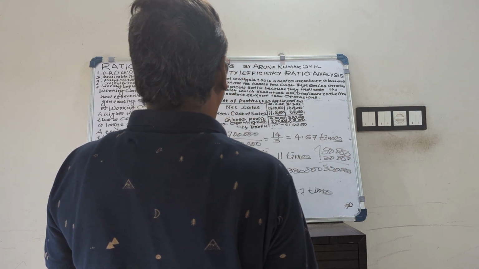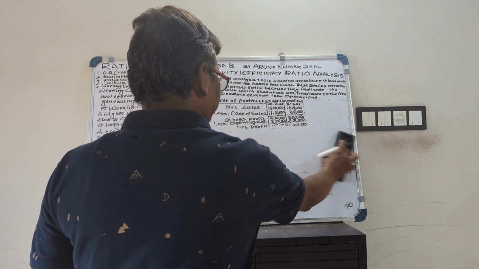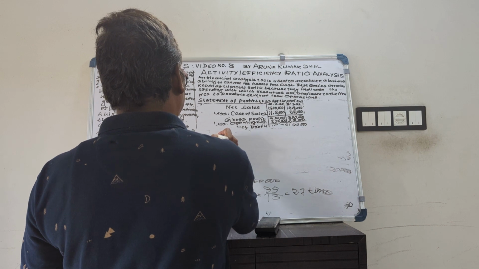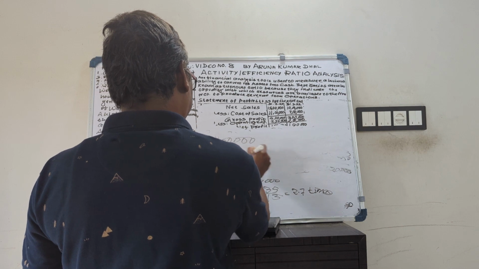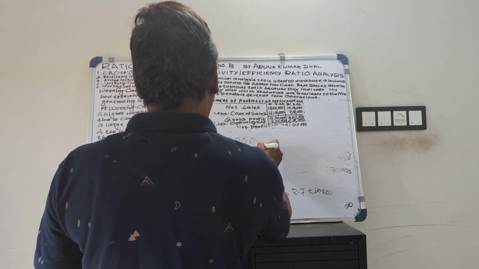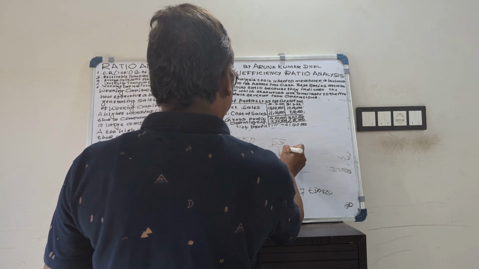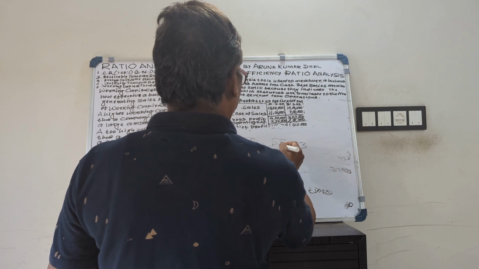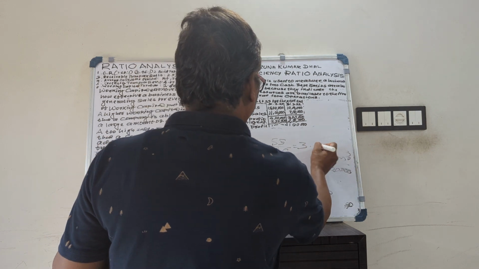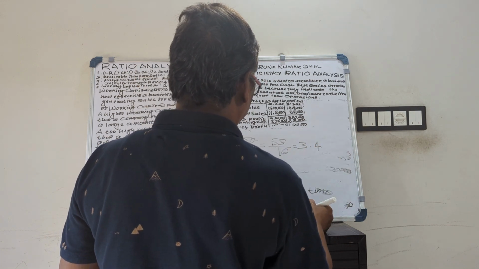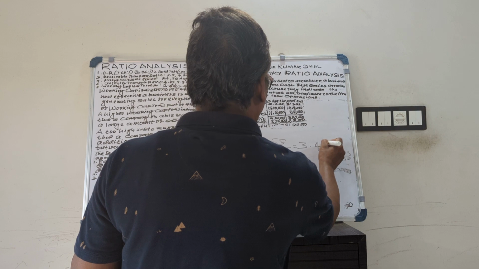So cost of sales is 11 lakh divided by 3,20,000, which is 3.44 times.